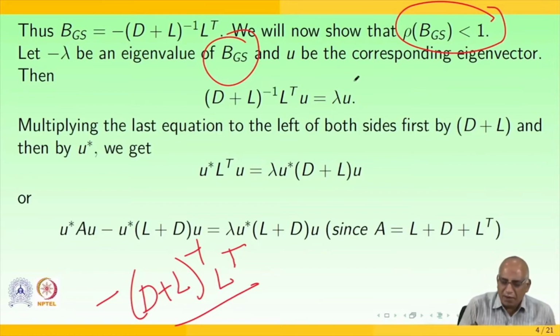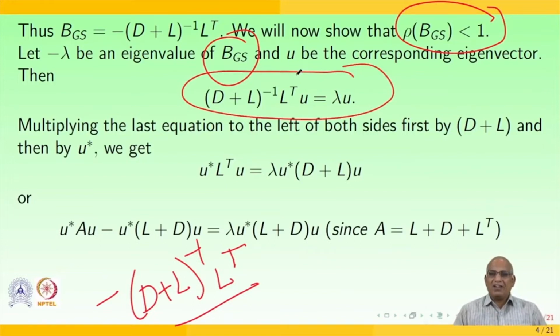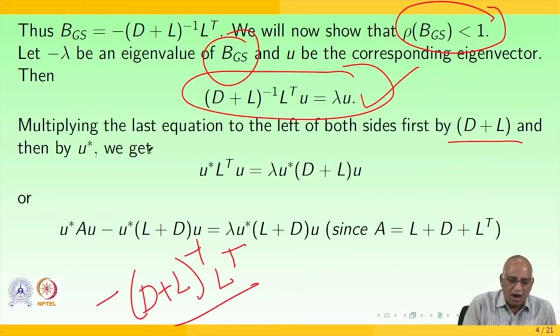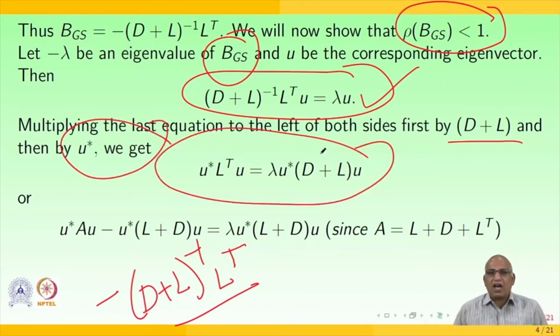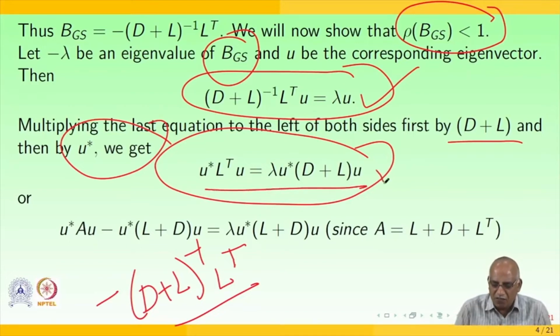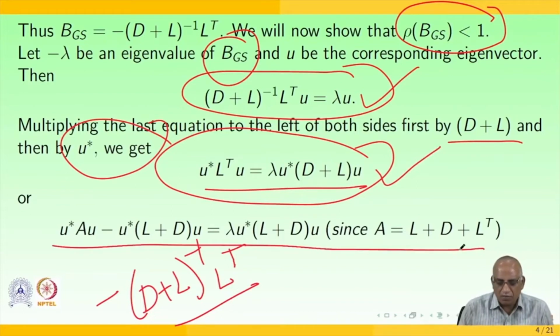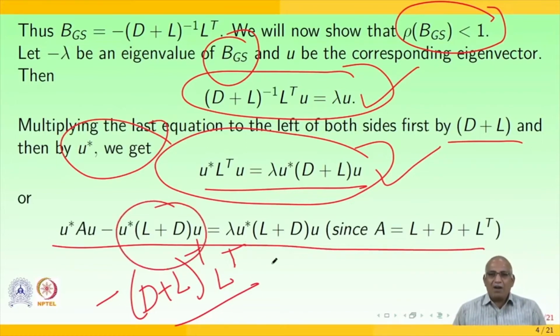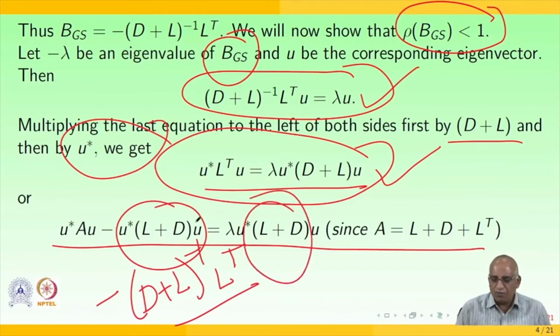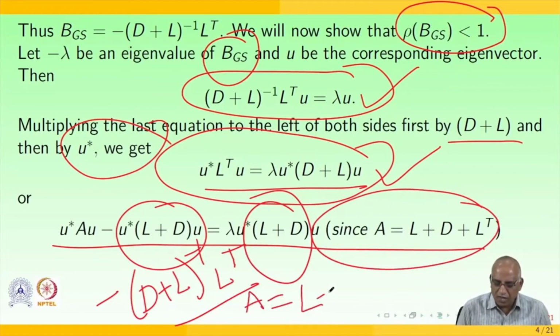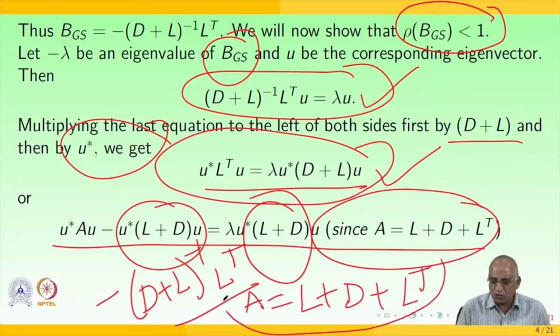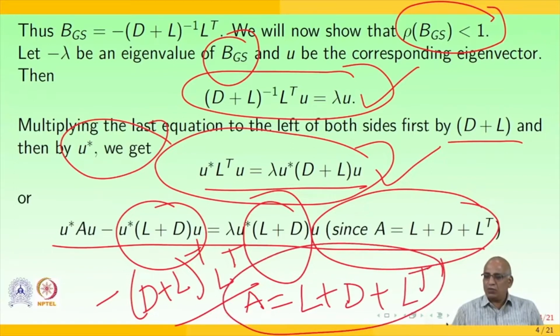Then D plus L whole inverse multiplied with L transpose of U is equal to lambda of U. Multiplying the last equation on the left of both sides by D plus L and then U star, we get U star times L transpose U is equal to lambda times U star D plus L of U, or you can write it as U star AU minus U star L plus D of U is equal to lambda times U star L plus D of U, since the matrix A is equal to L plus D plus L transpose.